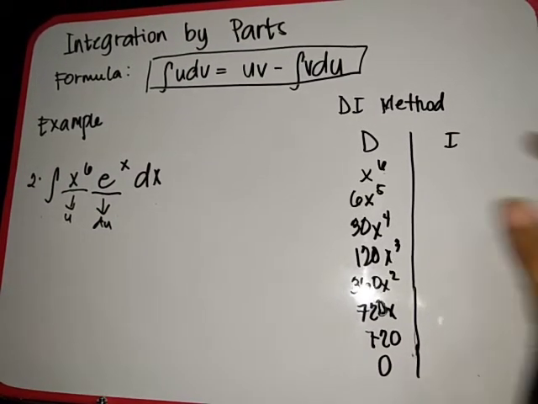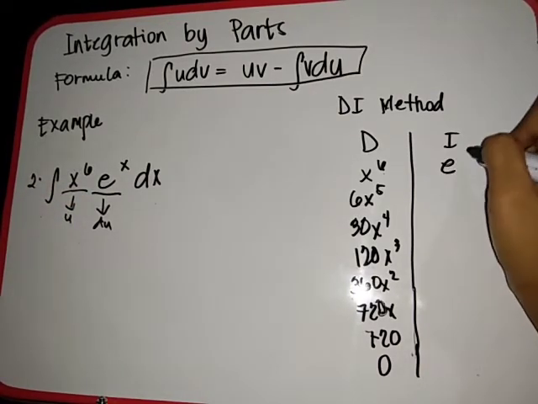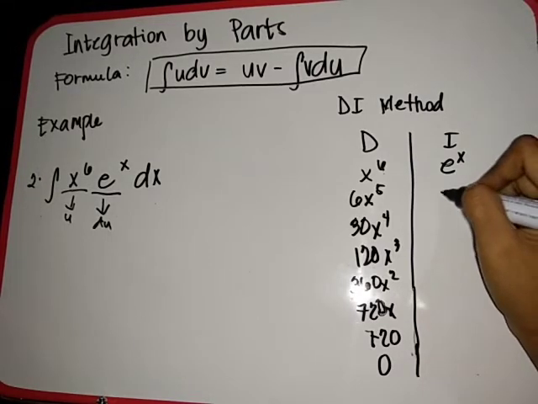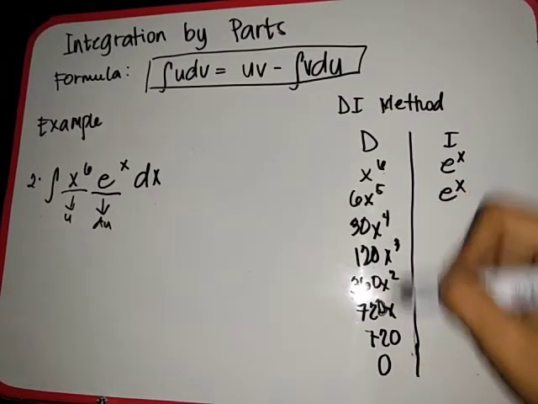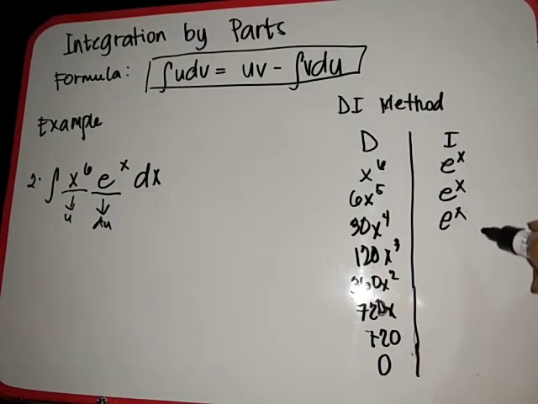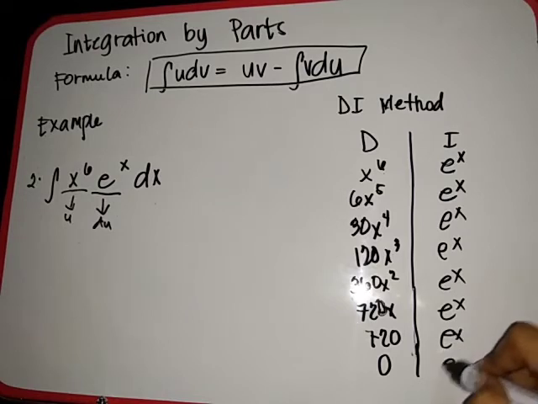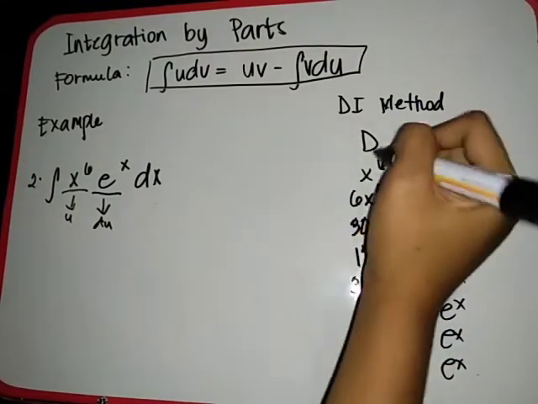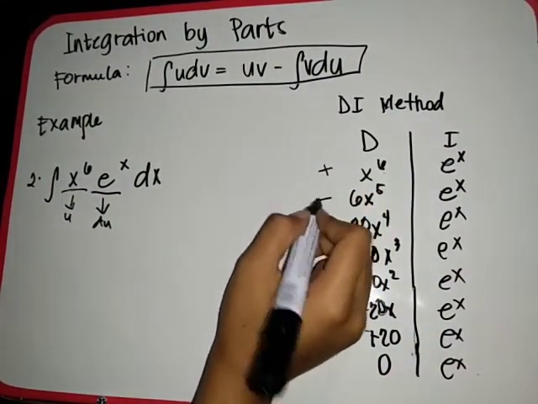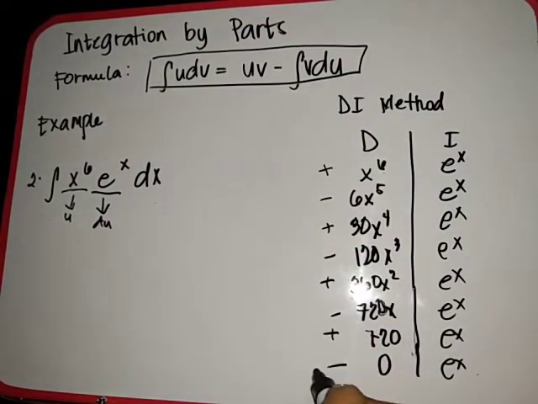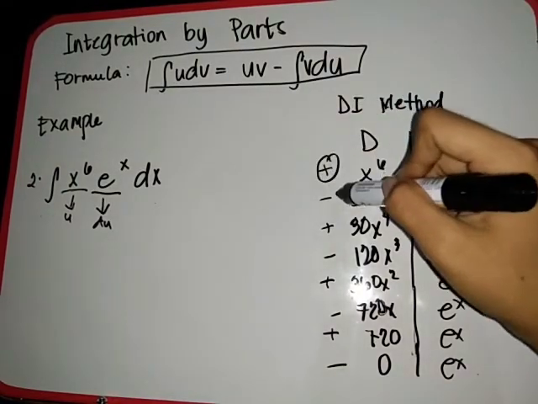So here our I is e raised to x, and the integral of e raised to x is e raised to x, so same here. So we have to put the signs. We start at positive, negative, positive, negative, positive, negative, positive, and negative. We have to draw the diagonal arrows.